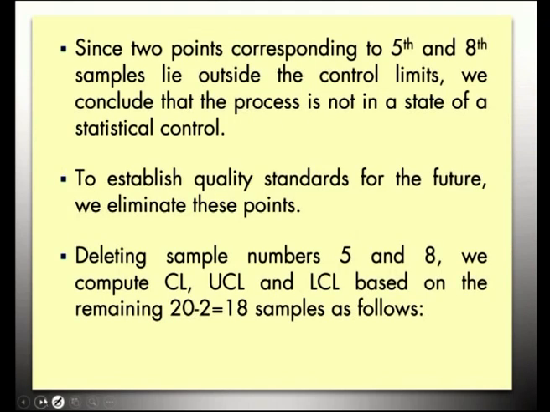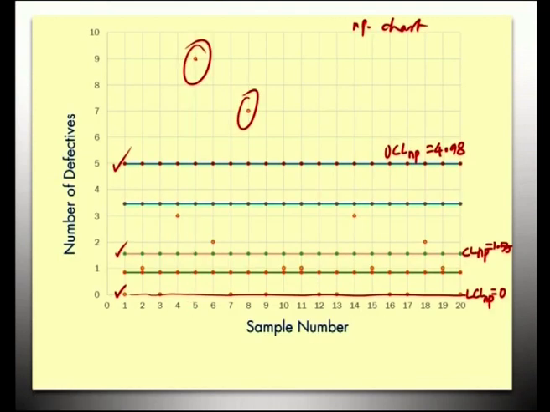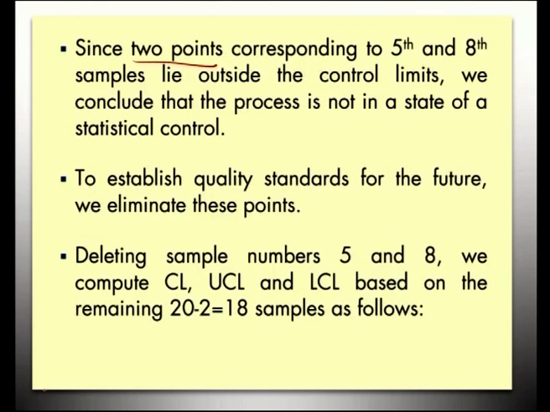Just see. Now, the 2 points corresponding to 5th and 8th samples are lying outside the control limits, so we conclude that the process is not in a state of statistical control. Now, to establish the quality standards for the future, we eliminate these 2 points.